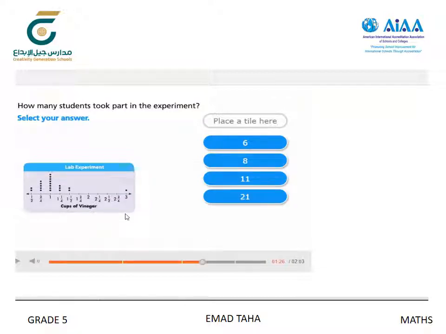When I ask about the least repeated or the least often, it is at 3 cups, with only one dot. We can represent the data by dots, or instead of dots we can represent it by X's.